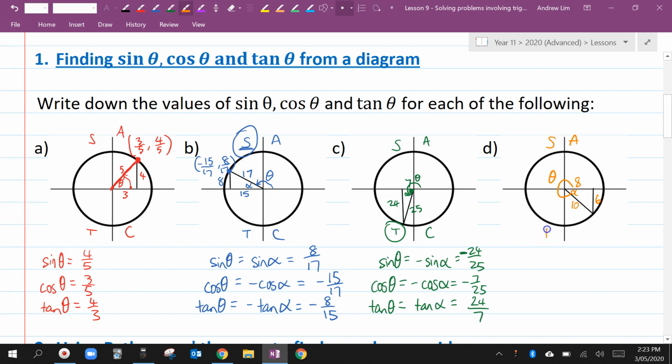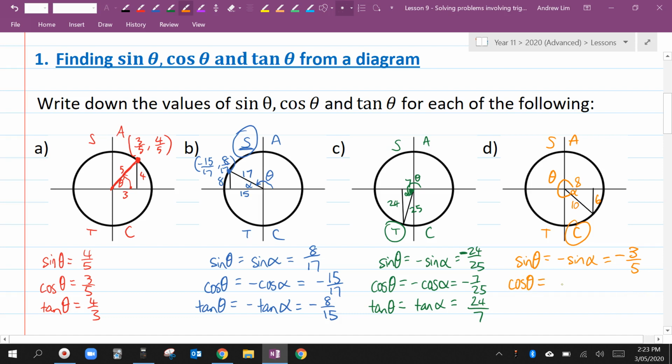All stations to central. So if we want to work out sine of theta, it's going to equal negative sine of alpha, because only cos is positive. And sine of alpha is 6 over 10, or 3/5, but it's negative.